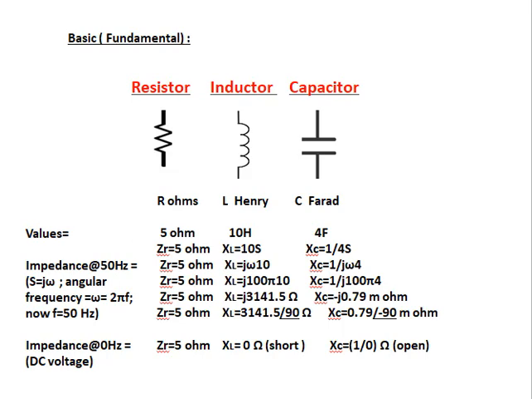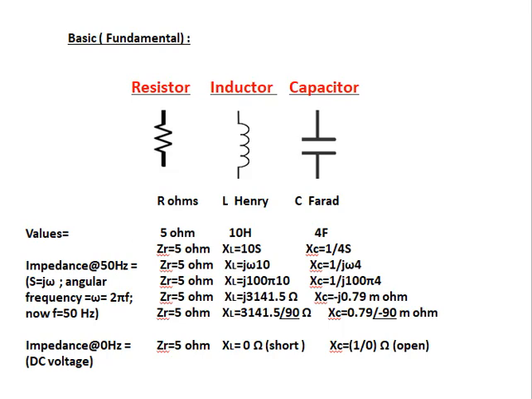So finally, ZR is equal to 5 ohms, XL is equal to 3141.5 angle 90 ohms, XC is equal to 0.79 angle minus 90 milli ohms.